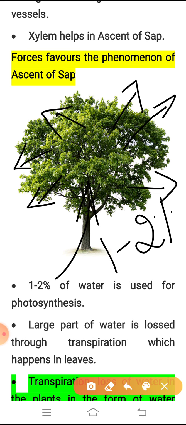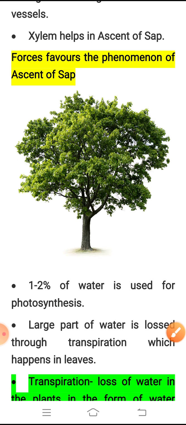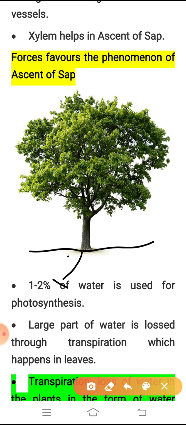What happens is, when the water from the soil reaches the aerial parts of the plant or the tree, most of the water, as I told you, goes to the atmosphere from the leaves.